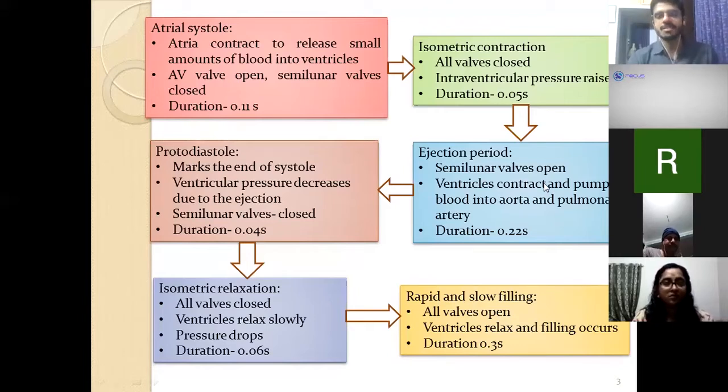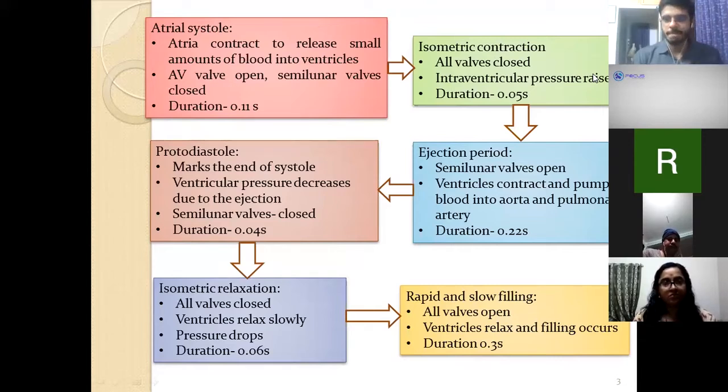This phase is called the ejection period. Is this clear? Just see it as a sequence. Basically what happens in the heart? Ventricle fills, heart pumps, releases blood, blood returns back. The same thing has been subdivided into steps.